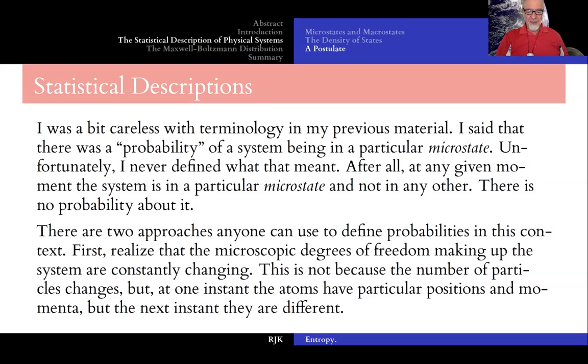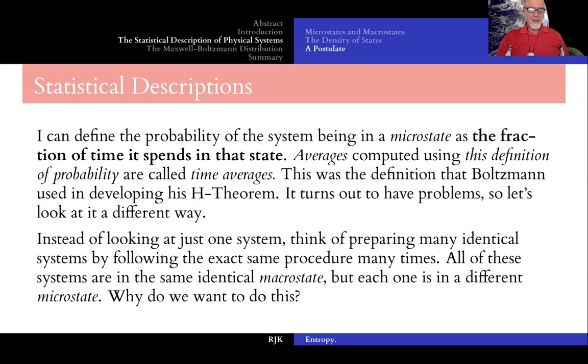It's not because the particles change, but at one instant, the atoms have particular positions and momentums, and the next ones, they're different. So I can define the probability of a system being in a microstate as the fraction of time it spends in that state.